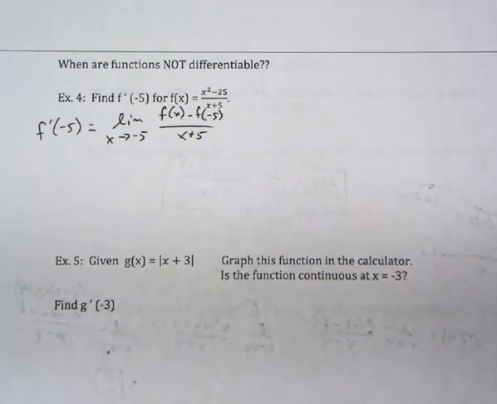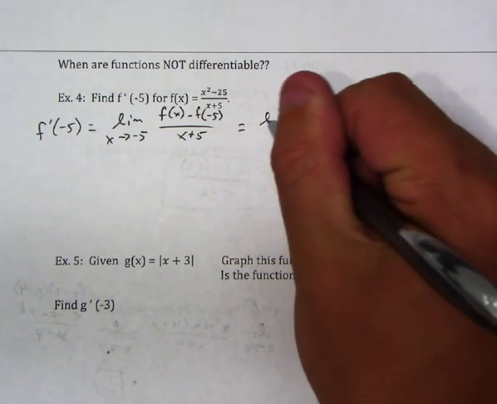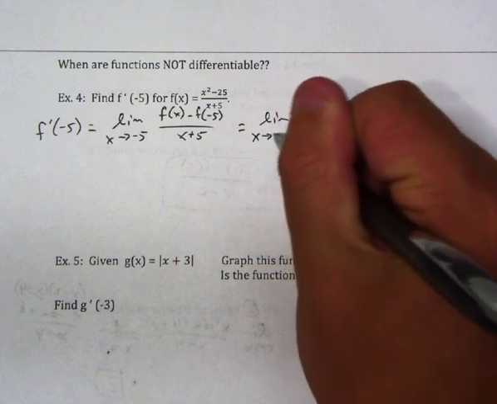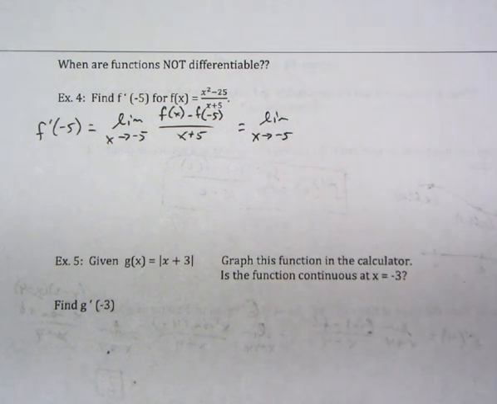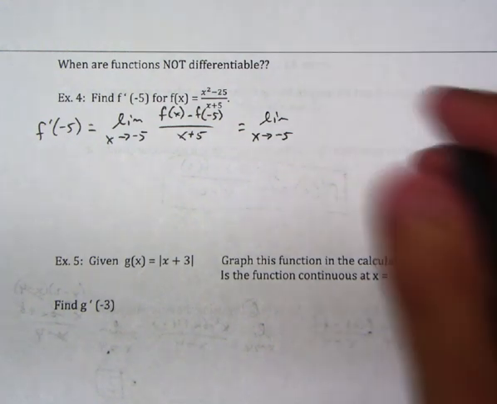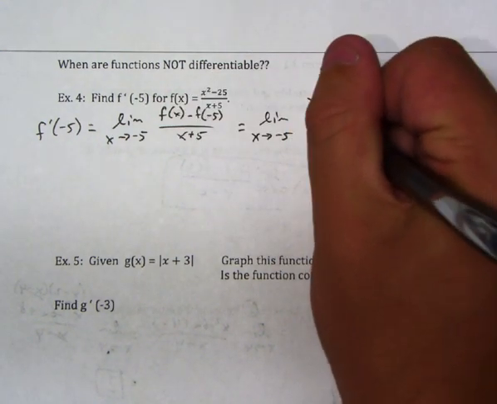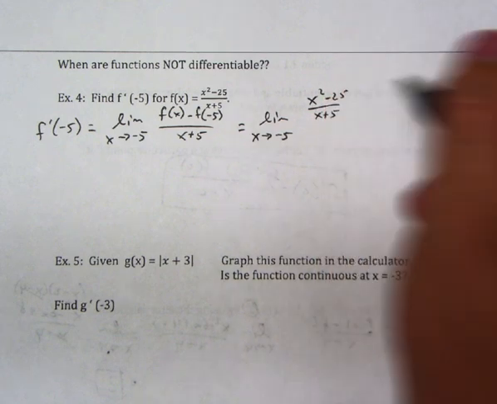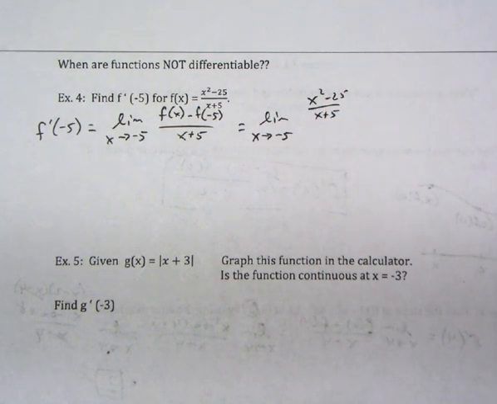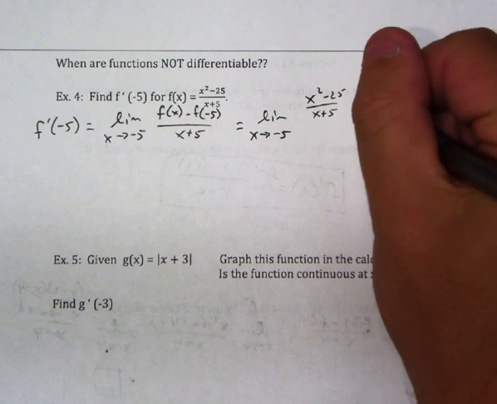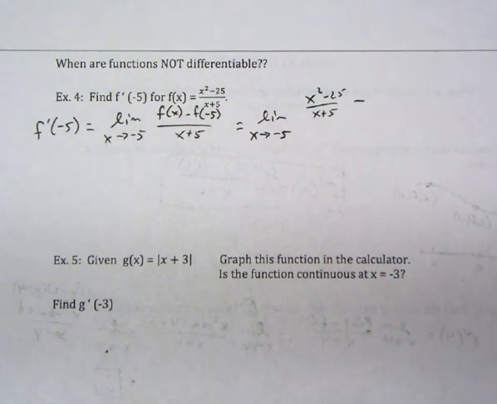Okay. And now let's go ahead and do this limit. Let's plug in our stuff. We're going to take the limit as x approaches -5 of the original function, so x squared minus 25 over x plus 5, that's f of x, minus, let's find f of -5.